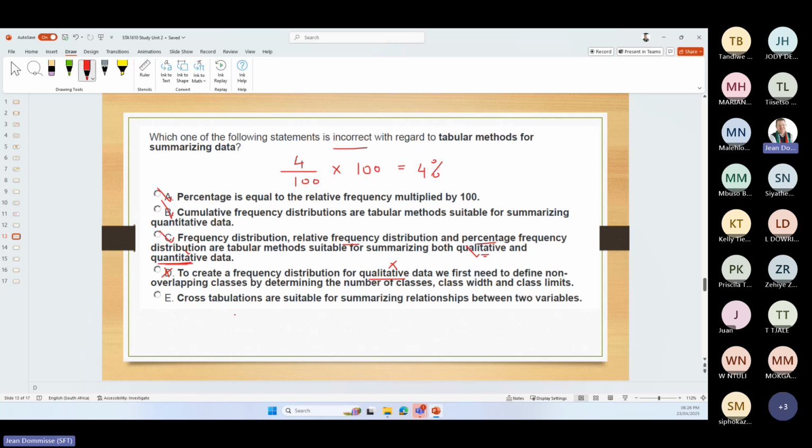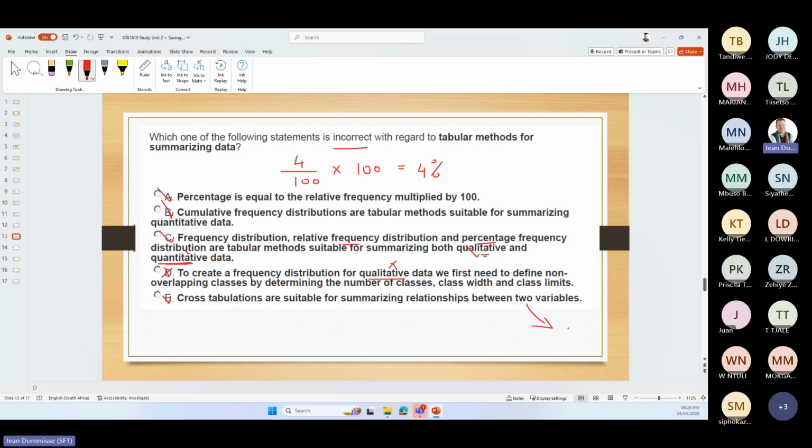And then cross-tabulations are suitable for summarizing relationships between two variables. Again, that is correct. And this we will actually cover in study unit 4 again when we look at probabilities.